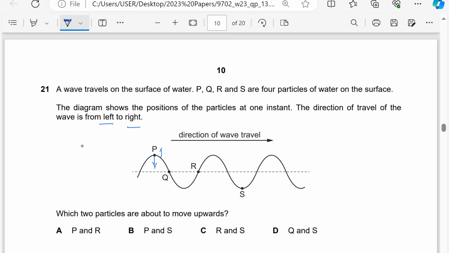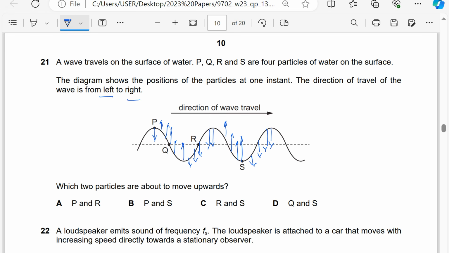And after that, these particles should be vibrating upwards, up to the crest, the trough there. Then these should be vibrating downwards up to the crest, then upwards until they reach the trough, downwards until they reach the crest.